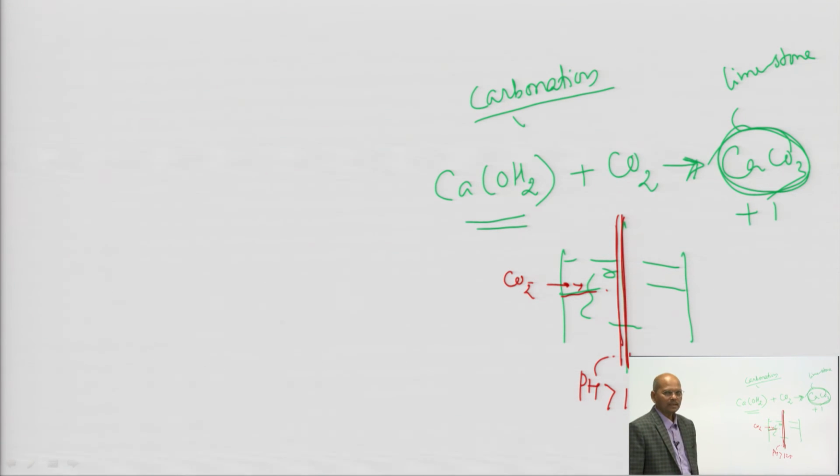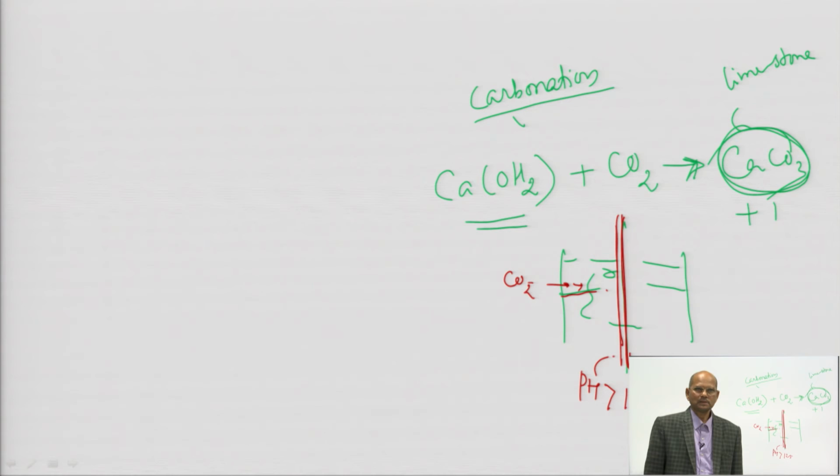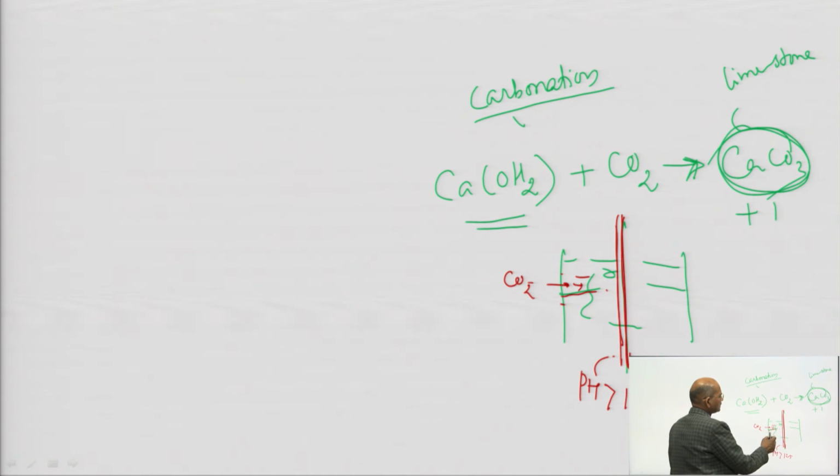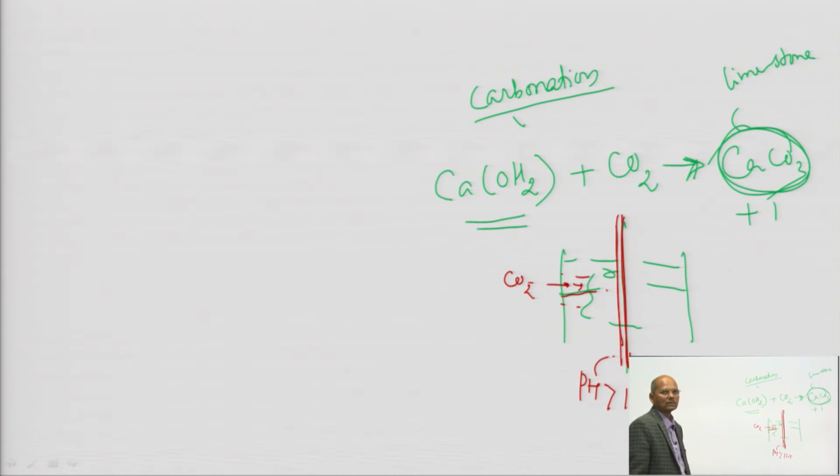In a year, depending on the concentration of carbon dioxide in the environment, it may range between 0.1 mm and 1 mm. As this goes on increasing, the passivity is going to reduce and it will convert into active condition. Finally, it is no more protected against corrosion, and corrosion will take place.